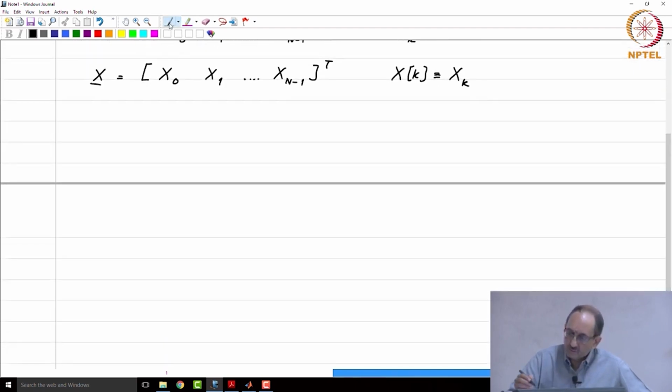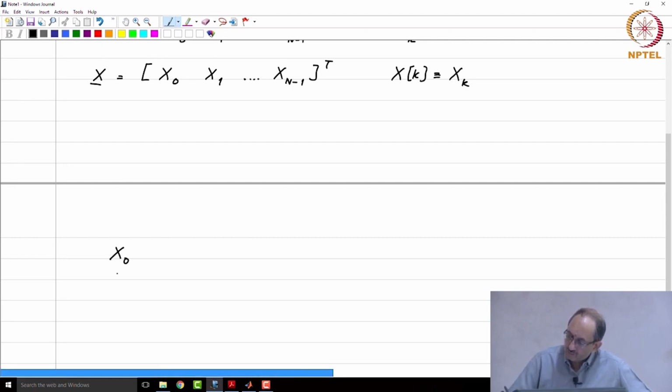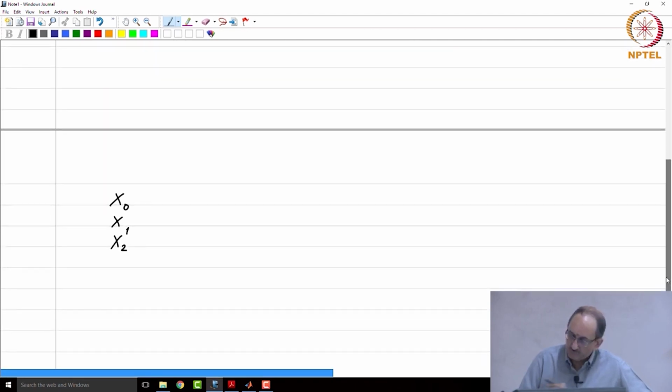So, hence we have X of 0, X of 1, X of 2 up to X of N minus 1. These are the DFT coefficients.